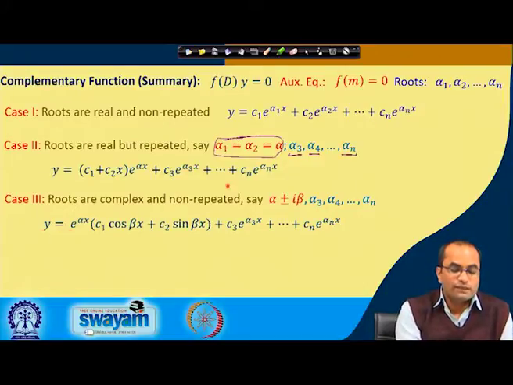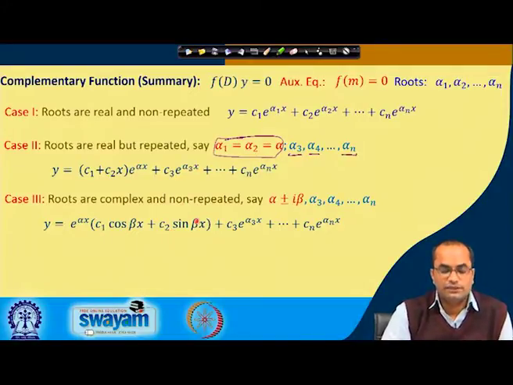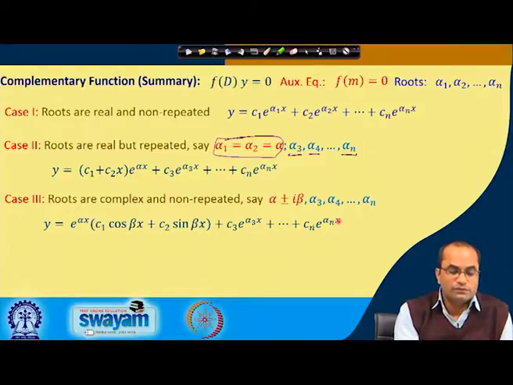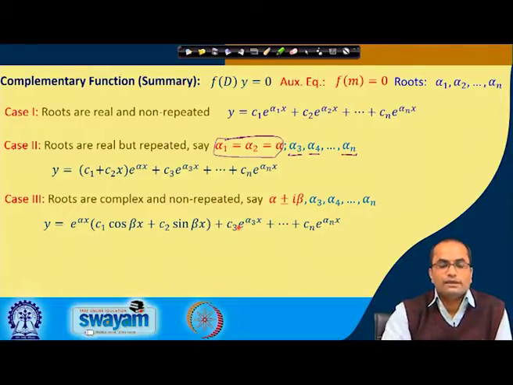Here y will be e power alpha x times c 1 cos beta x plus c 2 sin beta x, and then for the real non repeated roots, we will get the terms c 3 e power alpha 3 x plus c 4 e power alpha 4 x, and this will end at c n e power alpha n x.